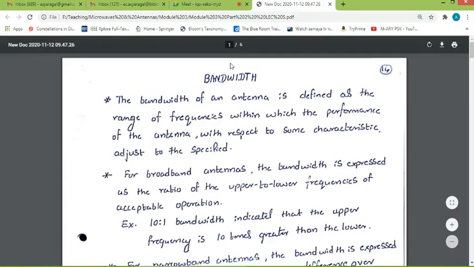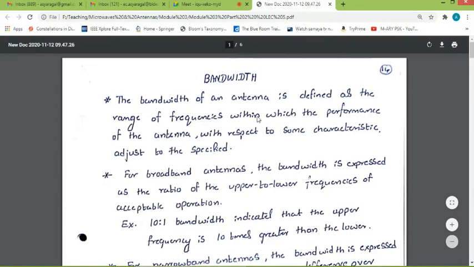It is the range of frequencies within which the performance of a particular antenna with respect to some characteristics is able to adjust and work accordingly. That is what you can define as the bandwidth of an antenna: the range of frequencies within which the performance of an antenna with respect to some special characteristics is going to work.